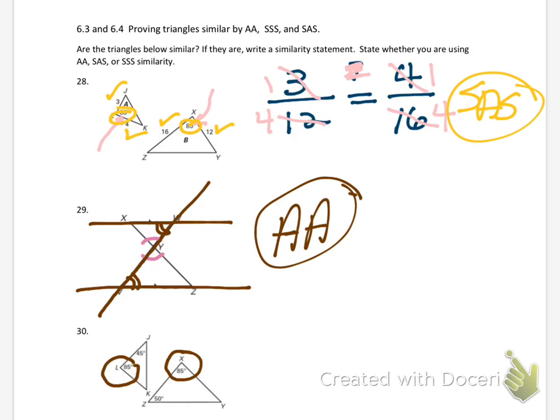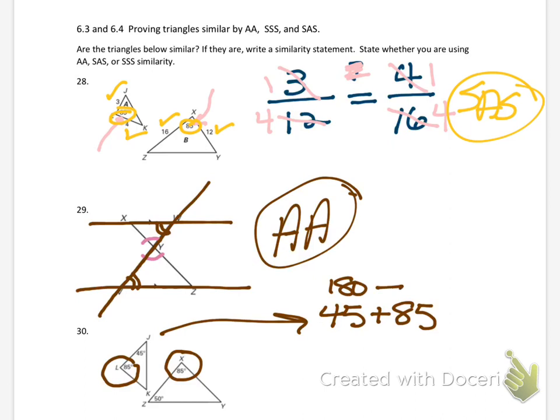So the two angles are 45 and 85. So in this triangle, so far I have 45 plus 85. So 180 minus 85 minus 45 gives me a remaining angle of 50.